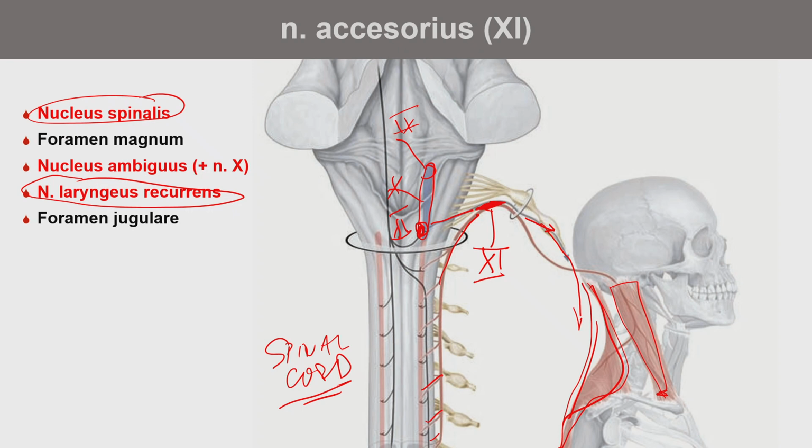It's a branch of the vagus. But when we go to the level of the nuclei, we can say that in reality it's a territory of the accessory nerve. Yeah?